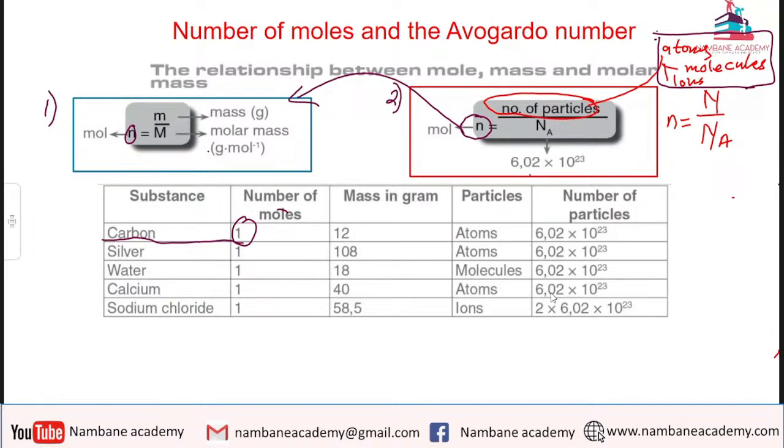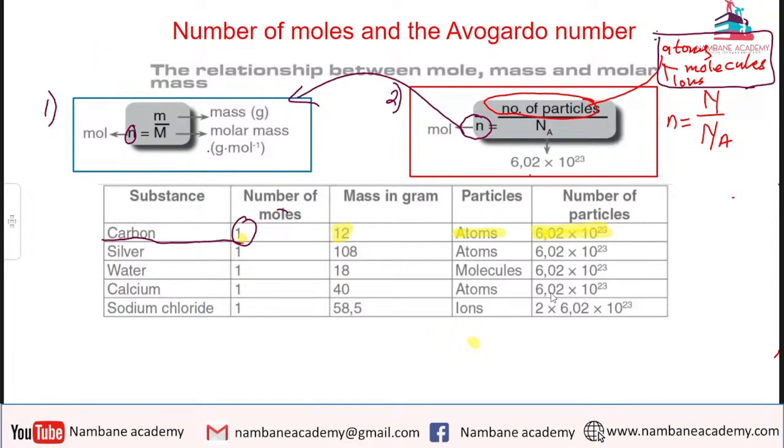It will represent 12 grams. How many atoms or particles do we have? It is an atom, but now it will be 1 multiplied by the Avogadro number, which gives us 6,02 multiplied by 10 to the power 23.